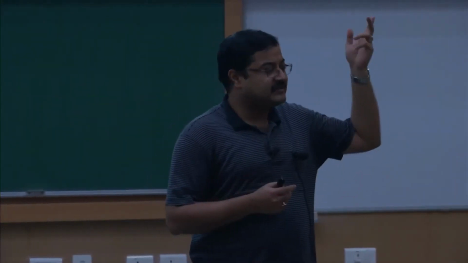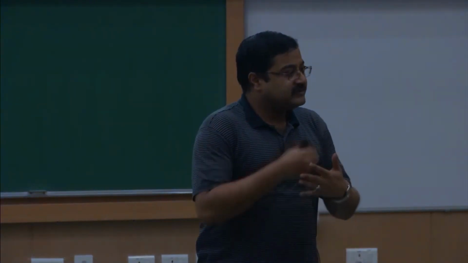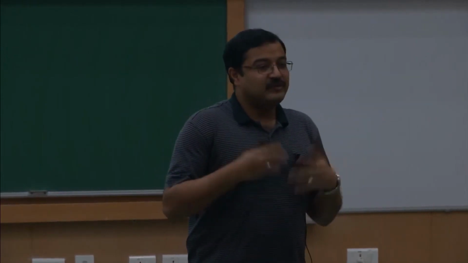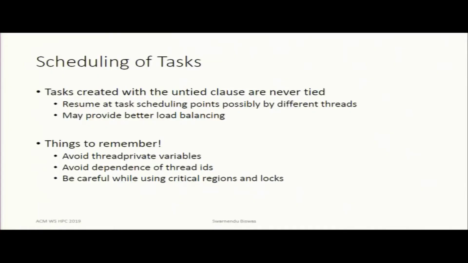Remember the first couple of slides that we had, or yesterday also. We usually use the thread ID to distribute work, cyclic or block. Now the thread ID can actually change because I am using the untied clause. So it's no longer necessary that only the same thread will execute the task. So things can change. Therefore, if you're using the untied clause, you need to be careful about a few cases. Any thread private variable that you have and other stuff may not be easily portable.